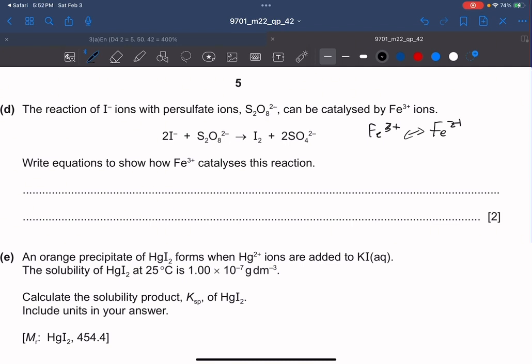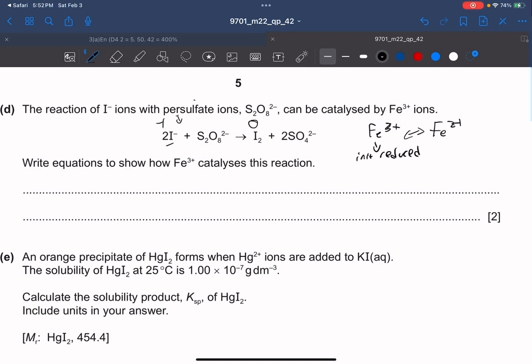If Fe3+ is initially going to be reduced, that means something else is being oxidized for the redox reaction to happen. So we need to find out what's being oxidized in this reaction. What's being oxidized is iodide ions, because the oxidation number goes from -1 to 0.